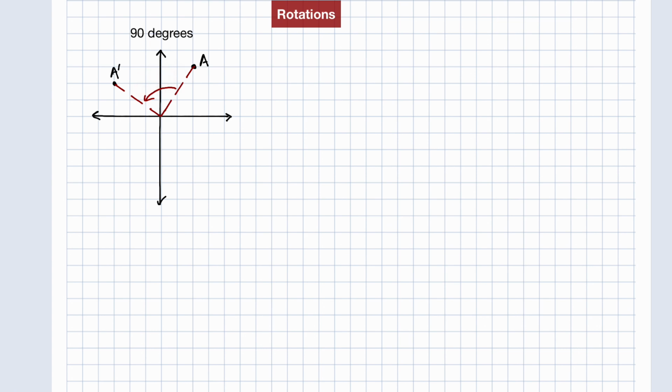So how do we find A prime given A? So the rule for a 90-degree rotation is as follows. That is, the rotation of 90 degrees about the origin, which is right here at 0, 0, of x, y is going to be negative y, x.